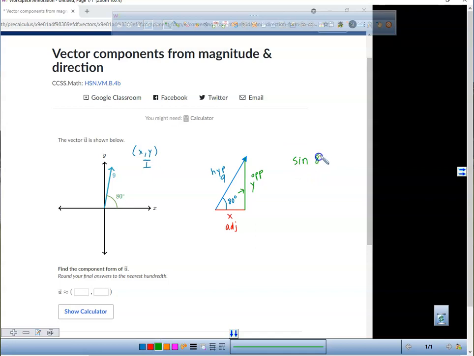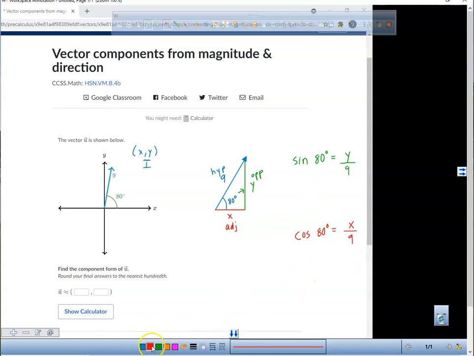The sine of 80 equals y over 9. The cosine of 80 equals x over 9.